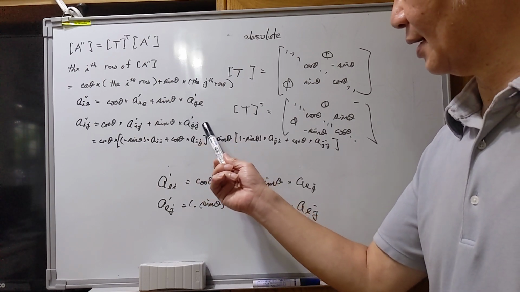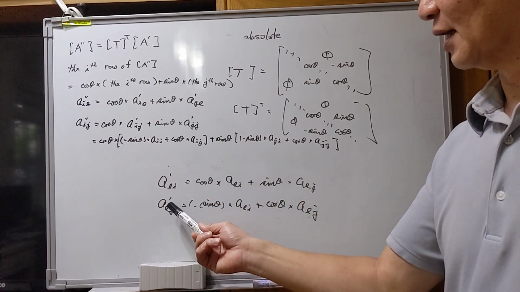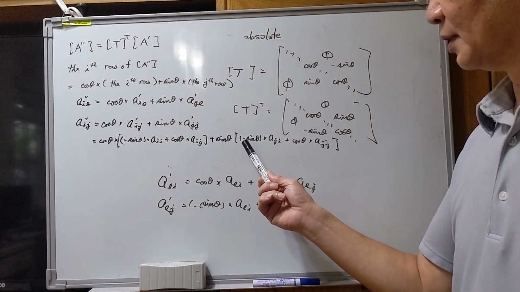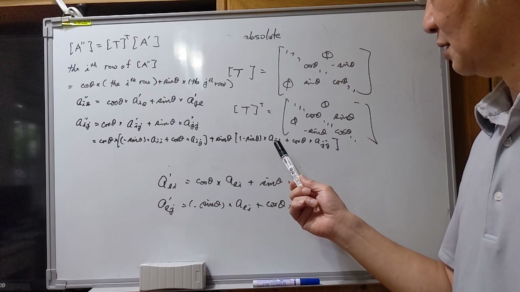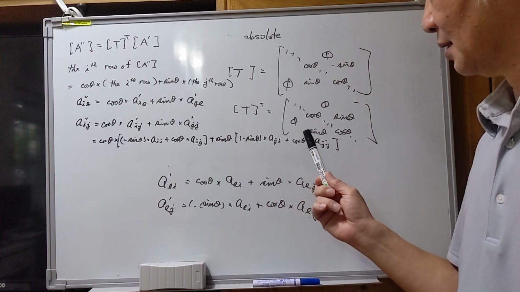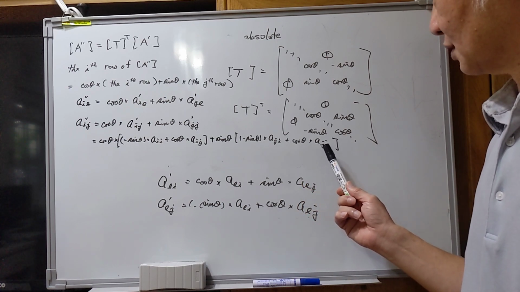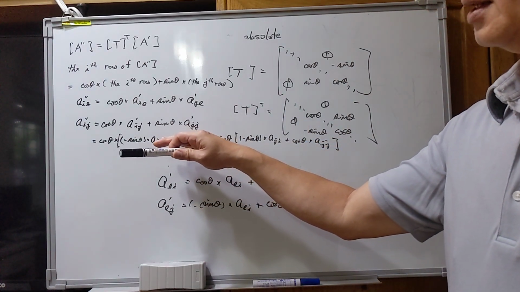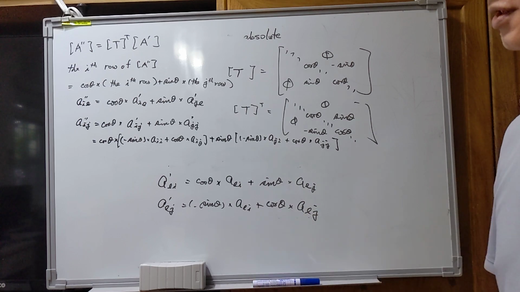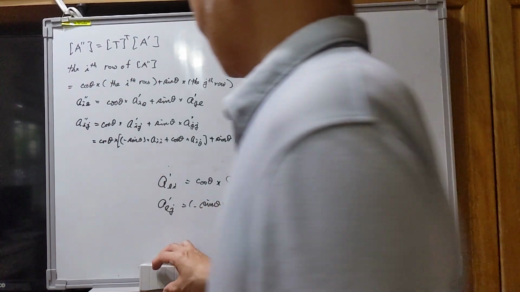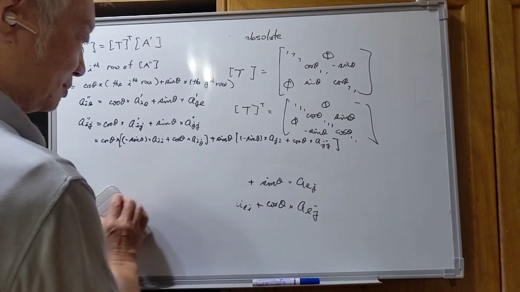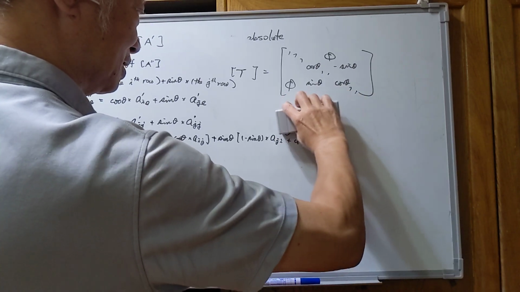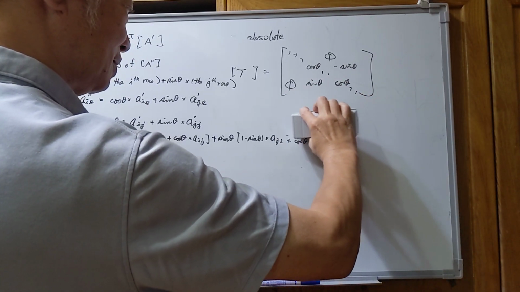Again, I would like to get the Ajj prime, then I need to replace the L by the J. So it is equal to negative sine theta times Aji element plus cosine theta times Ajj element. Okay. Actually, I'm double checking this formula to see whether it is correct. Then I will erase the unnecessary part of the blackboard.